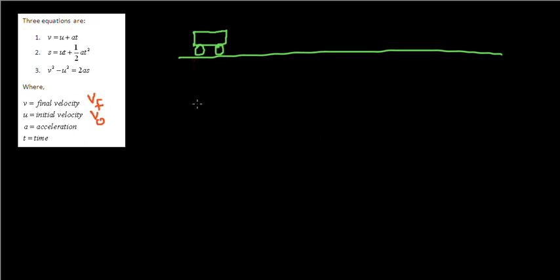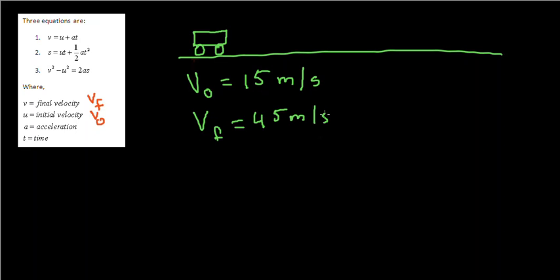So let's say this car starts out at, I don't know, v of 0 is going to be 15 meters per second. V final is going to be 45 meters per second.